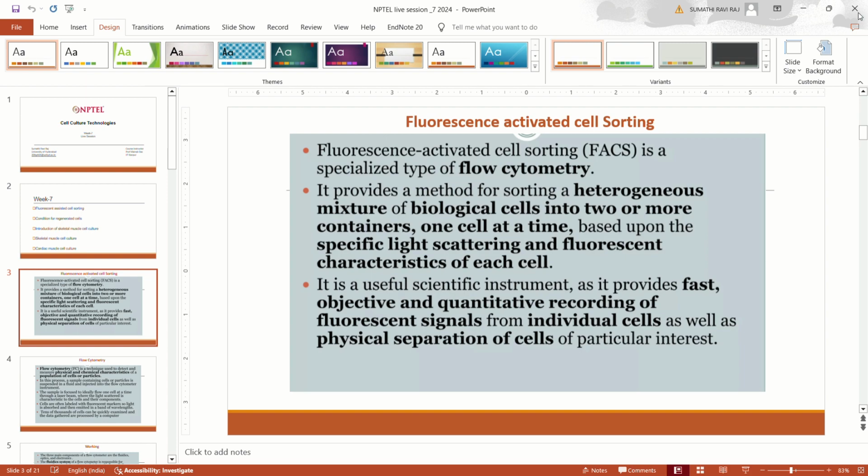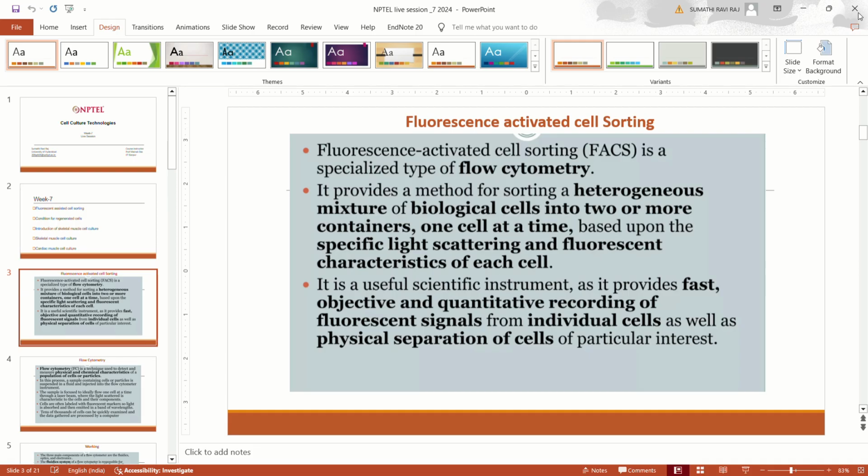So based on the scattering of the specific light and the fluorescent characteristics, the FACS machine will separate the cells, and you can also separate the cells based on the size and the granularity. So it's based on different scattering of light, as has been mentioned. It can be the side scattering or forward scattering.